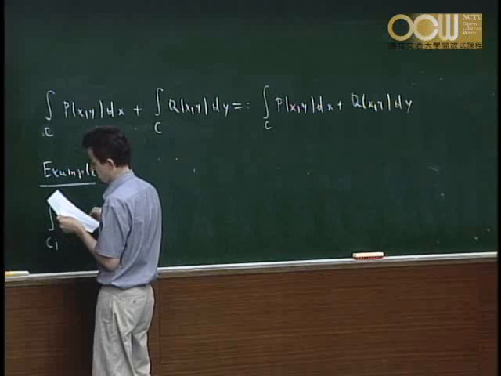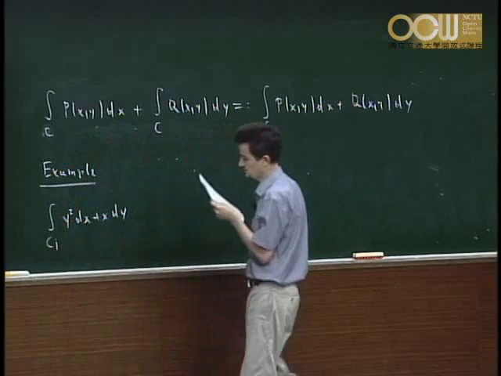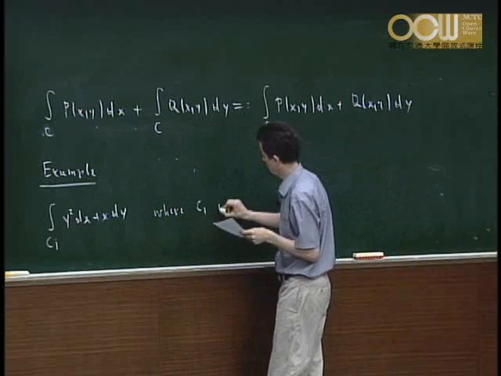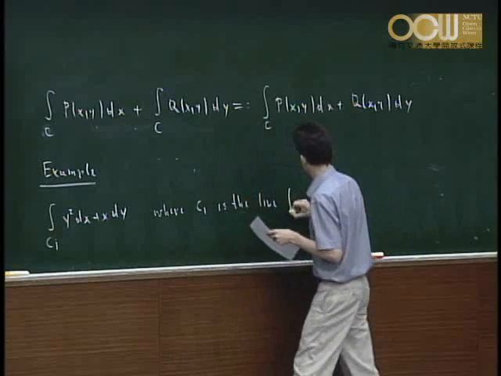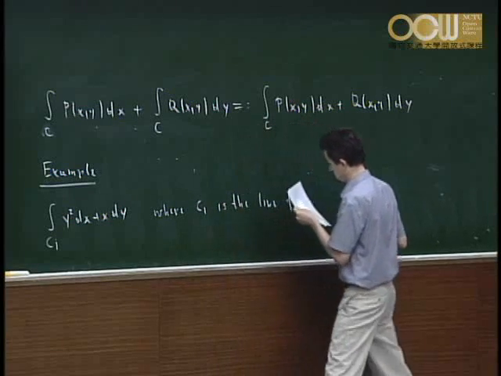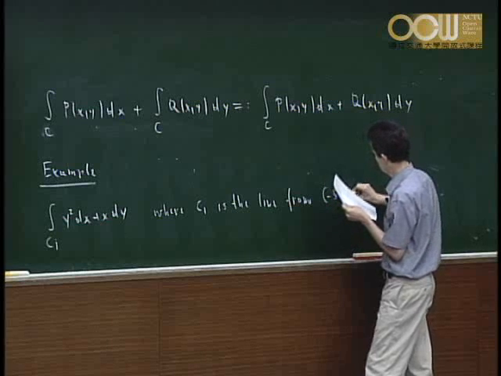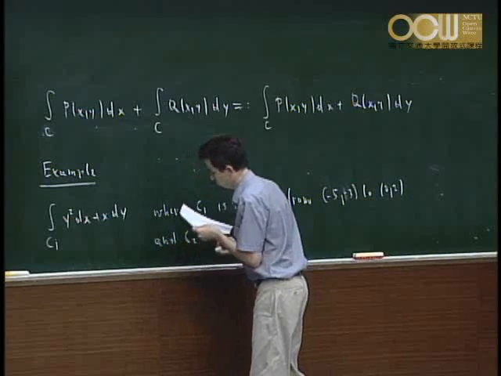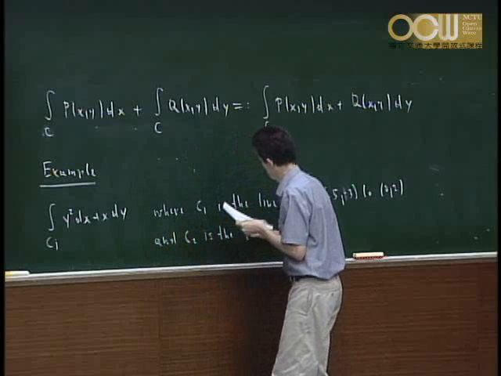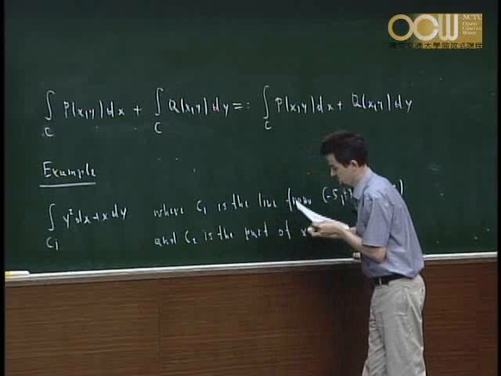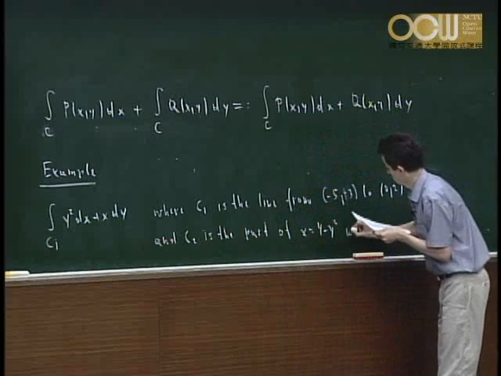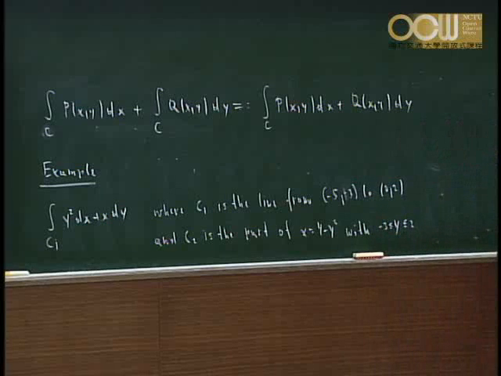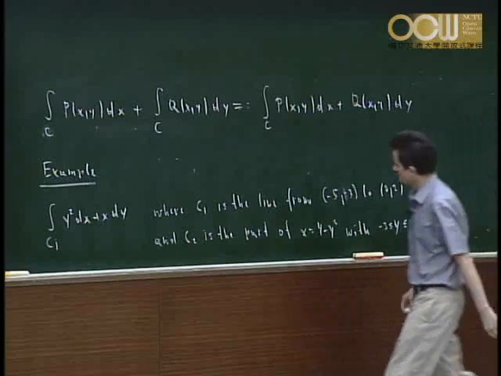Compute the value of this line integral, where C1 is the line from (-5, -3) to (0, 2), and C2 is the part of x equals 4 minus y squared, with y between -3 and 2.